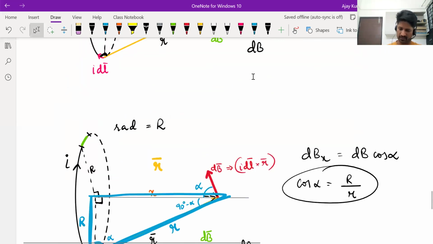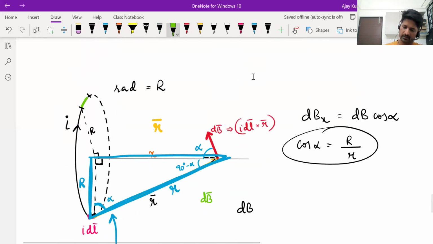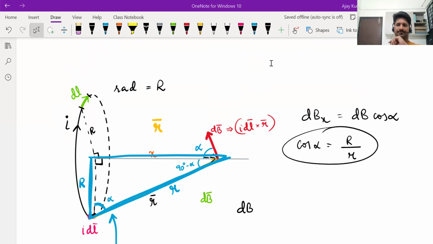Let us look at the diagram. dl is nothing but the length of the element, right? So if you integrate the lengths of all the elements, how much does it become? Anyone? 2 pi r. It becomes the circumference of that circular loop.